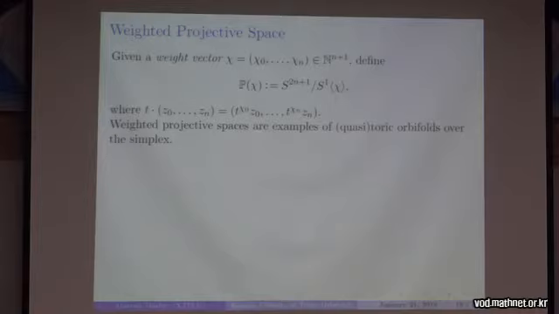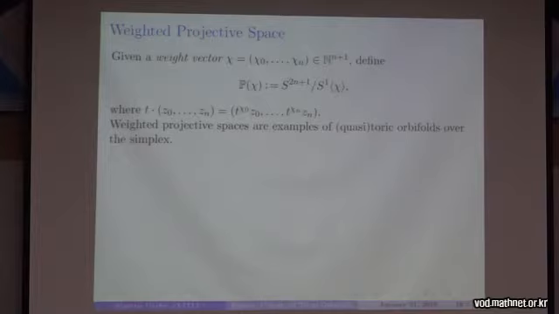And you begin by giving some weight vector, n+1 natural numbers, and you define the weighted projective space in an analogous way to complex projective spaces, somehow defined by taking an odd-dimensional sphere and quotienting out by an S1 action, but this S1 action now acts in some weighted sense that's associated to this weight vector chi up here. So CPN will come by just taking all your weights as the number 1. Okay. So these are weighted projective spaces.